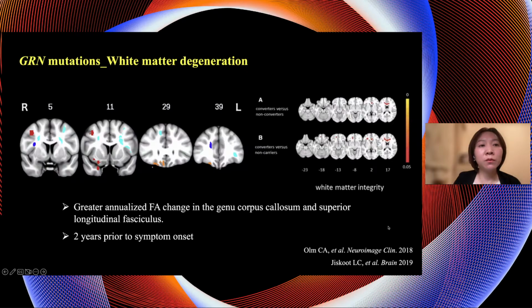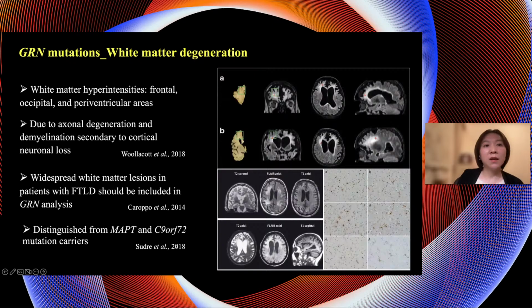For the granulin mutation, they have also seen that in the asymptomatic stage, diffusion tensor imaging can detect white matter abnormalities two years before the symptom onset. So this is for individual cases of granulin mutations.